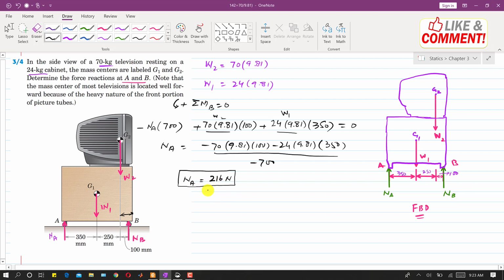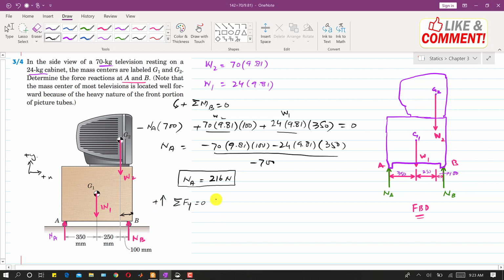Now to find NB, we will use the summation of forces along y equal to 0. All the forces are acting in the y direction. This is the positive x and this is the positive y, and let's say this is our positive direction.